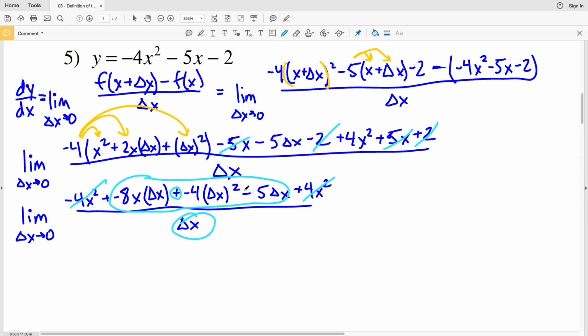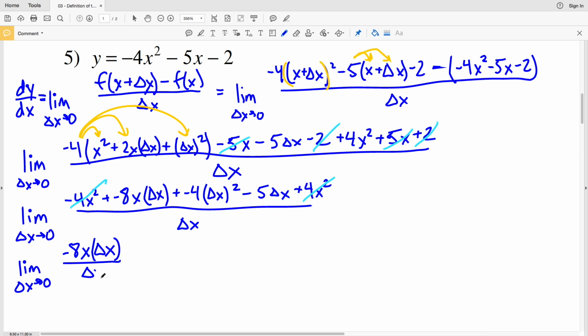Now I'm going to split each of those up, but as separate limits. Because those terms are added together, I can take each of those limits and add the limits together. And that's based off of a limit sum rule. So I'm going to have the limit as delta x approaches 0 of negative 8x times delta x over delta x.